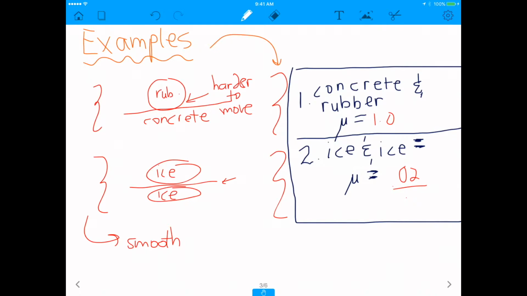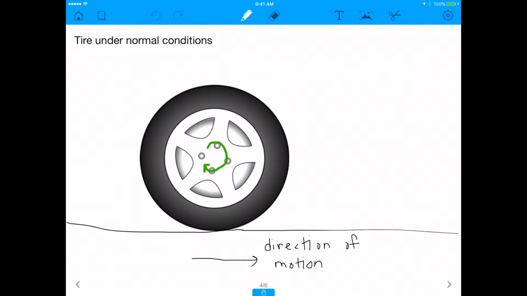So with that being said, what's going on with our tire? Under normal conditions, at this interface right here, the tire will exert a force on the road, right? The tire pushes on the road this way. So this is a force not on the tire.